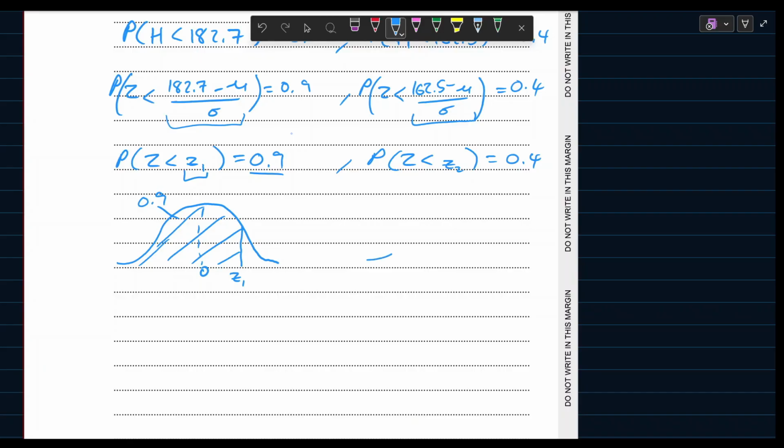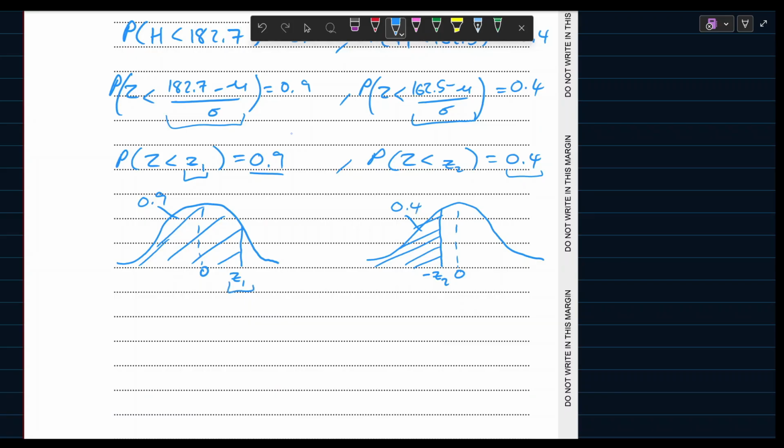And then for this situation, for z2, the area to the left of z2 is 0.4. So z2 should be maybe somewhere here. And it's going to be negative. So take note of that because it's to the left of 0. Okay, so this area here is 0.4.